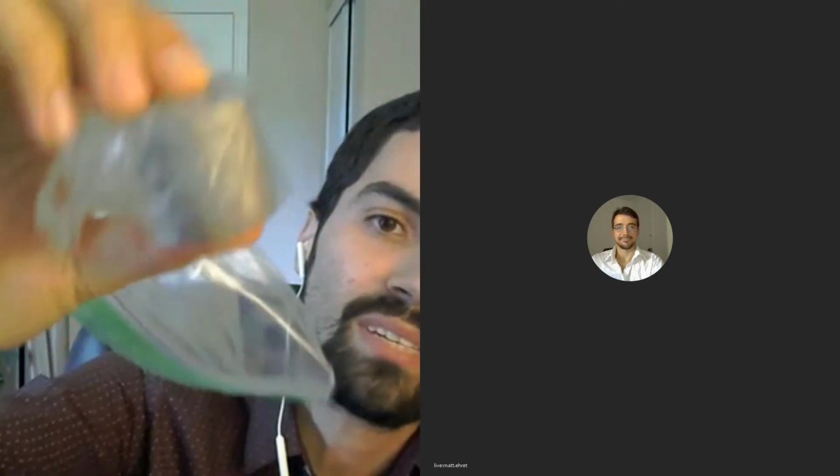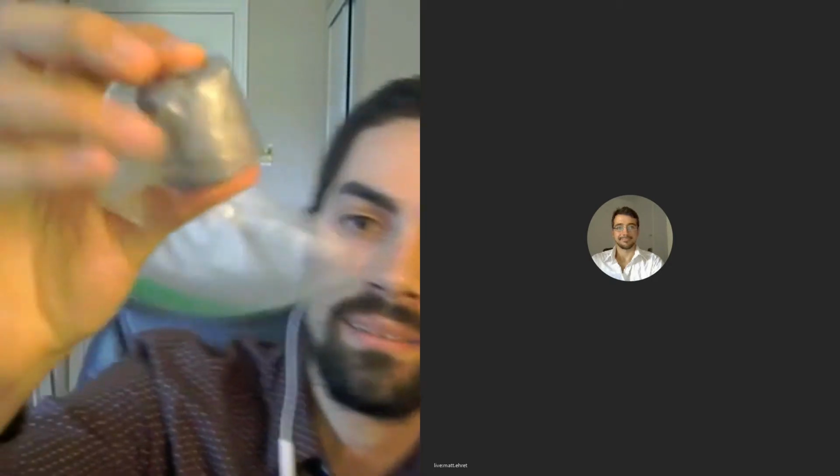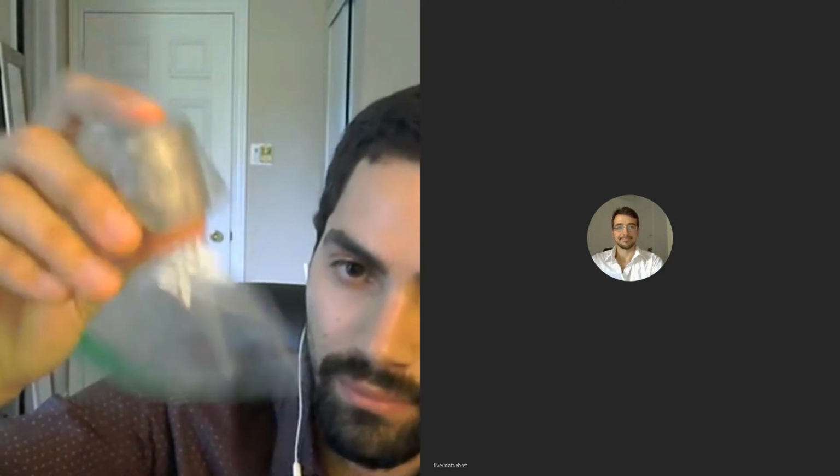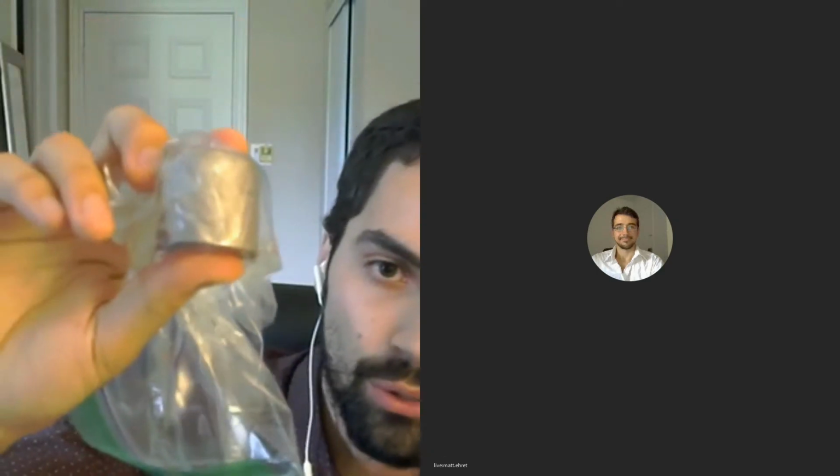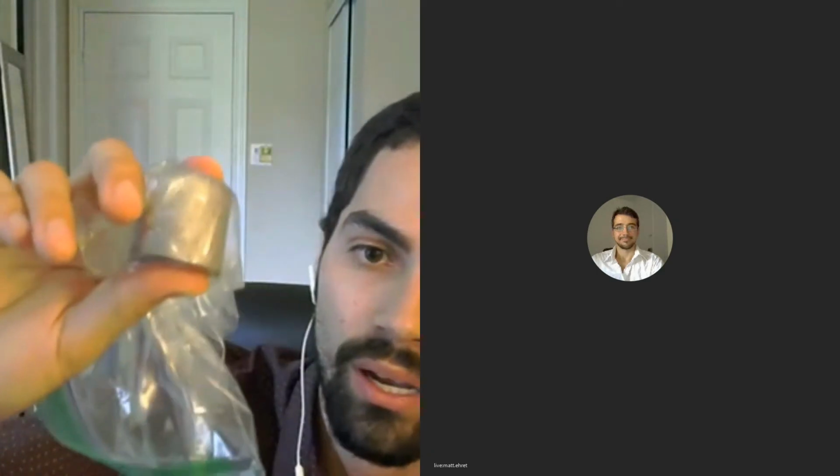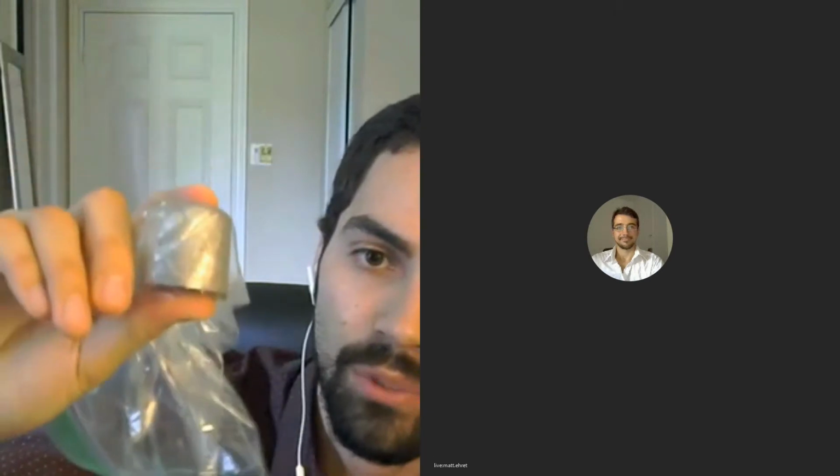I have this piece here. This piece of metal is not uranium, unfortunately. It is lead, which is a heavy metal, just like uranium or thorium. Uranium and thorium are also metals, and they're pretty heavy. Uranium is actually heavier than lead.